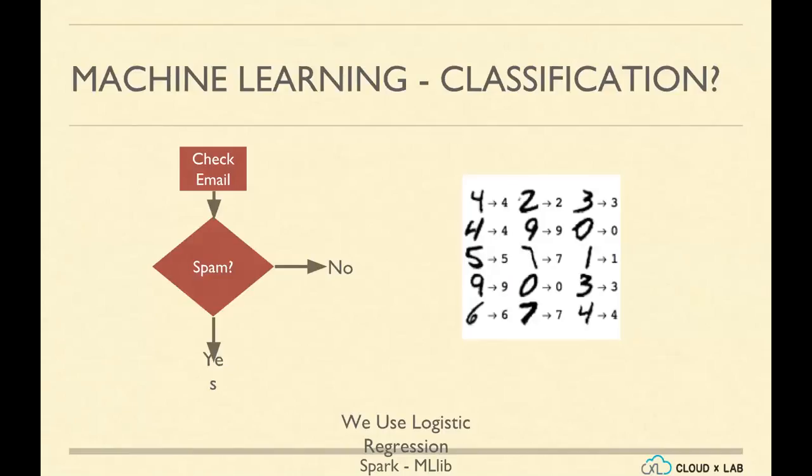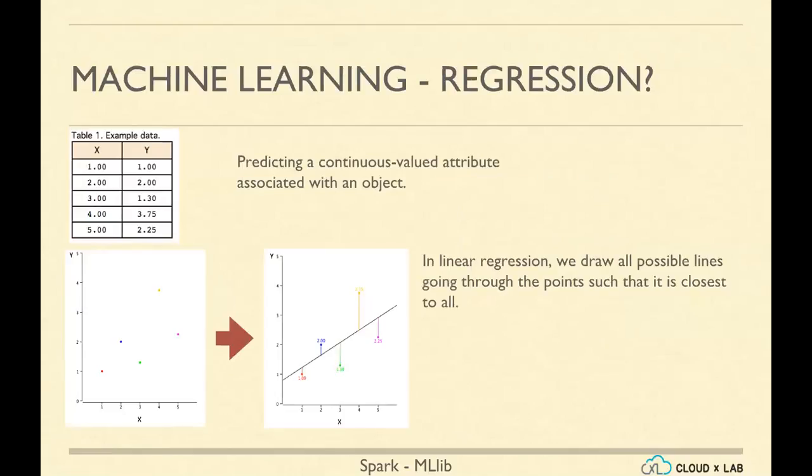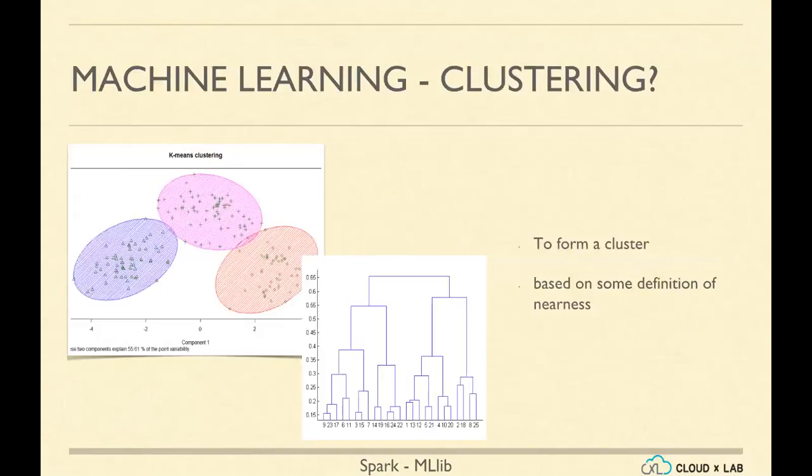Putting a label from 0 to 9 on a digit is a classification task. Regression is the one that we took as an example just now. Linear regression is a kind of regression in which we try to fit a straight line into the data. We draw all possible lines and choose the one that is closest to all of the data.